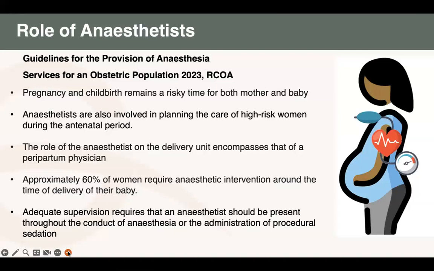Adequate supervision requires the anesthetist to be present throughout the conduction of anesthesia and administration of procedural sedation. This is the WHO standard of practice: that you as an anesthetist be present during the care of this patient. Next slide.